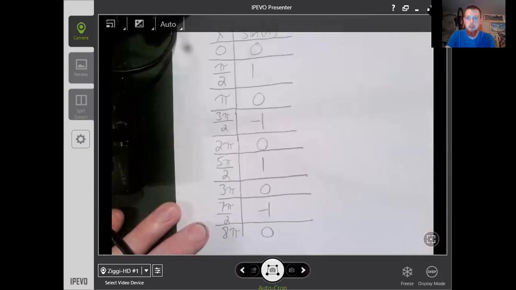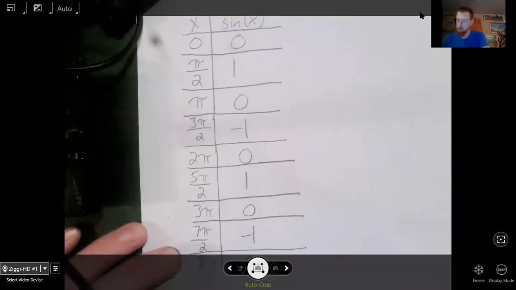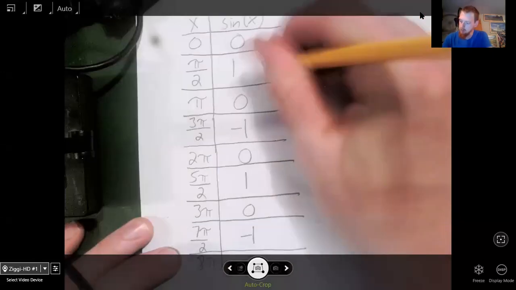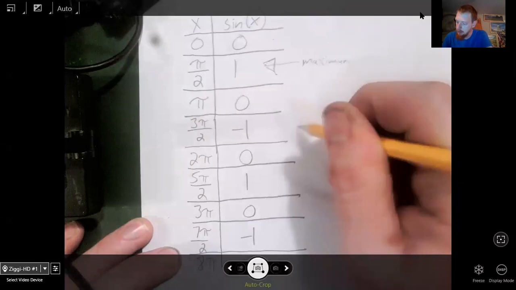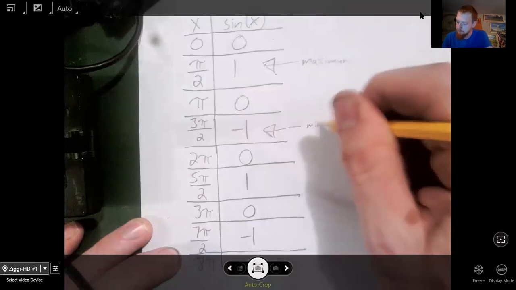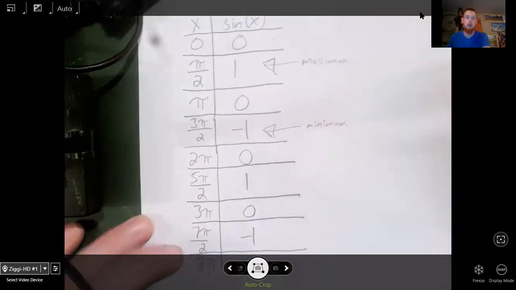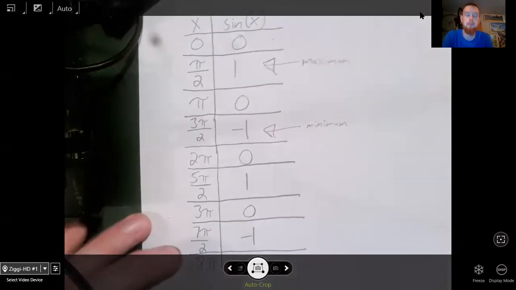So these are those values that we said were the maximum and the minimum. Another thing that we had discussed before spring break was coterminal angles, right? Those are two angles where you land in the same spot on the unit circle.